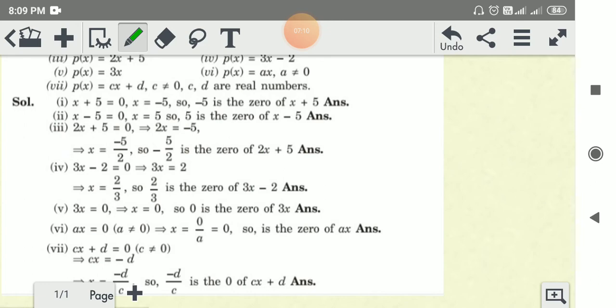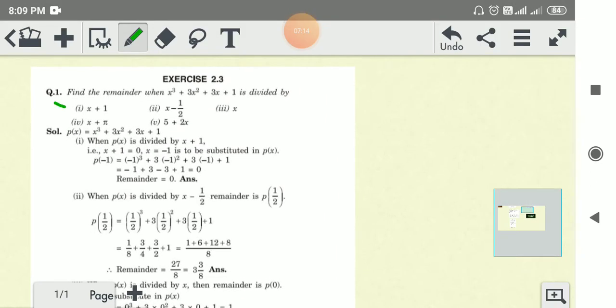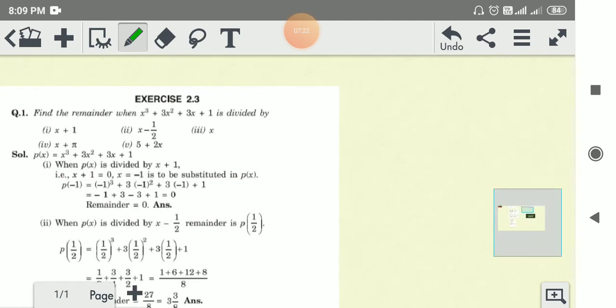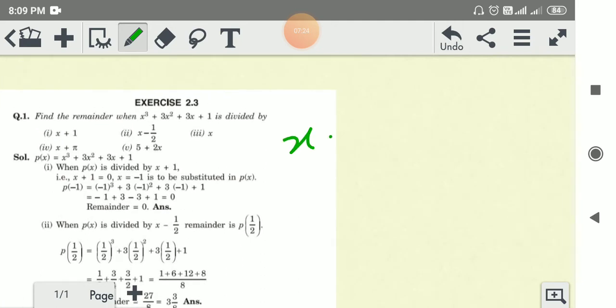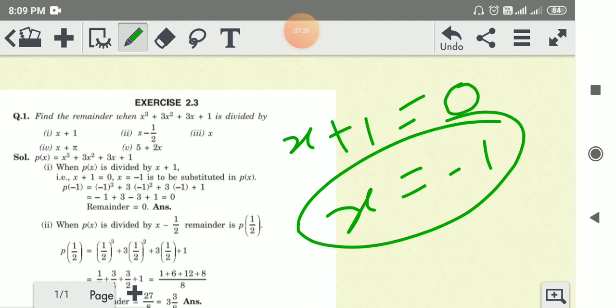Now question number 5, exercise 2.3. Here, find the remainders by the remainder theorem. Here x plus 1 equal to 0, so the value of x is equal to -1, and we put the value -1 in these equations.